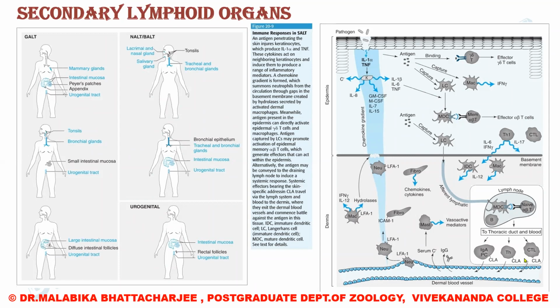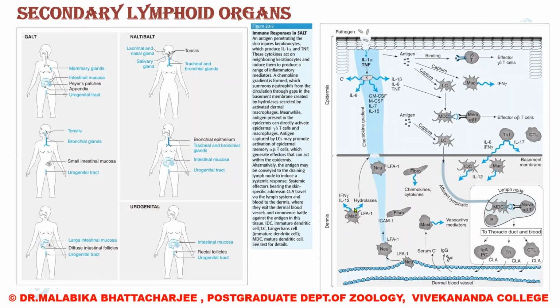So the moment the CLA expression occurs, through E-selectin they move through the blood vessels, and via E-selectin these activated cells can migrate out from the venules. So the main role of CLA expression is to allow the T cells to migrate through circulation and go to sites of inflammation in the dermal region.